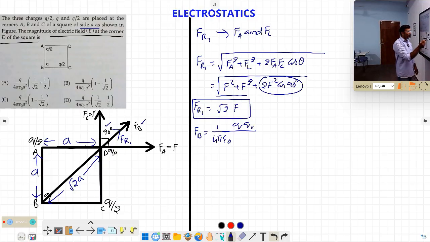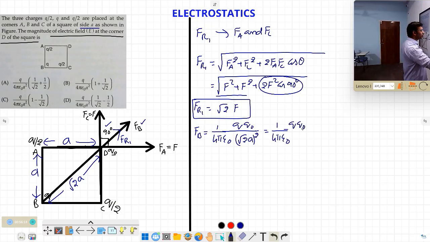So I can write FB is equal to 1 by 4 pi epsilon naught Q Q naught by the square of the distance between B and Q naught. What is the distance? That is root 2 A whole square, as per the formula, the square of the distance. Now if you solve it, this is 1 by 4 pi epsilon naught Q Q naught by A square, taking it common, and root 2 whole square is 2, that is nothing but 1 by 2.